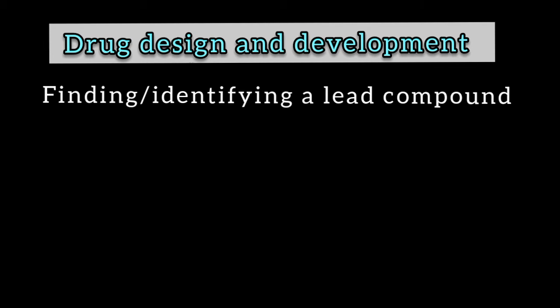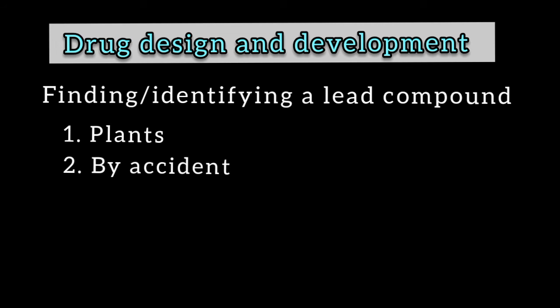You can search for an active or bioactive molecule, which is a lead compound, in plants, and sometimes you can accidentally discover these kinds of lead compounds. For example, maybe you wanted to use naphthalene, and instead of using naphthalene, you made a mistake and used another drug. That can lead to you discovering the lead compound of that new drug you discovered.